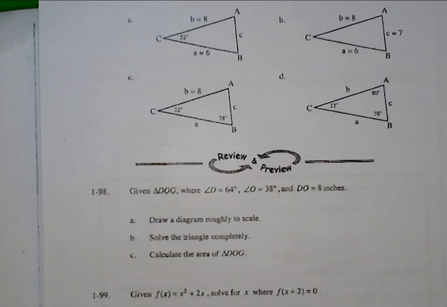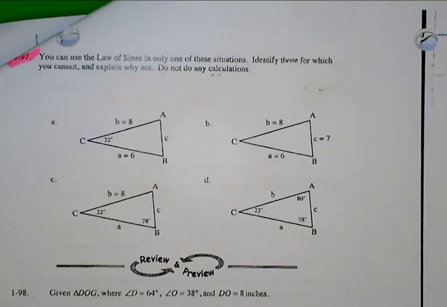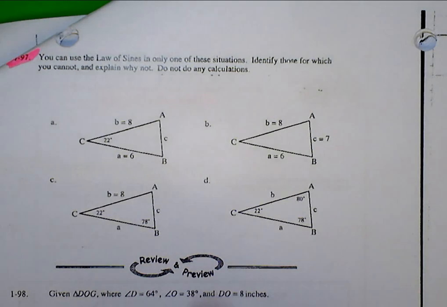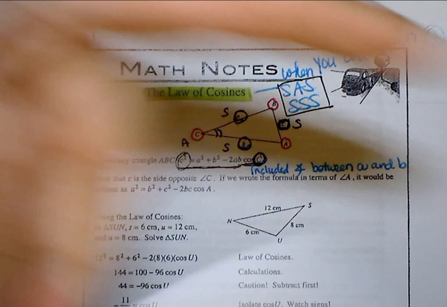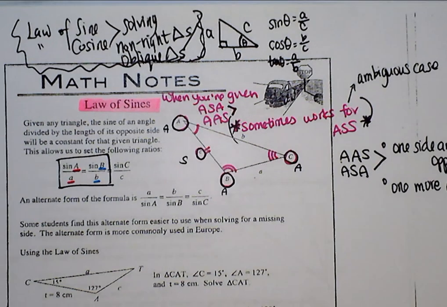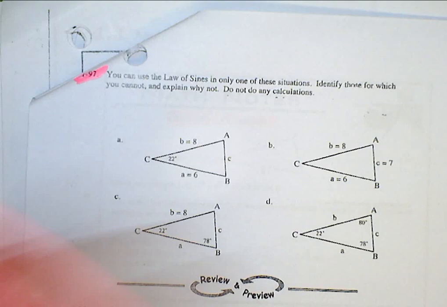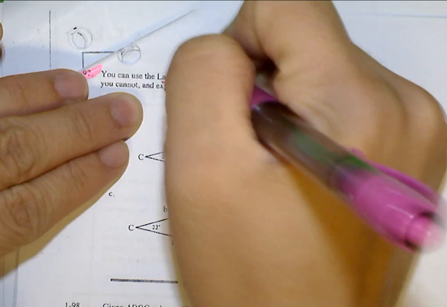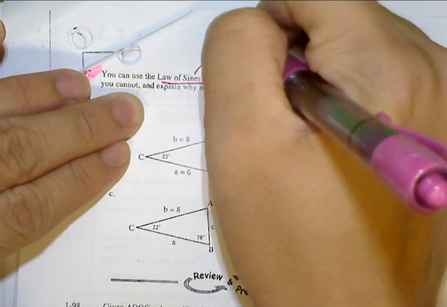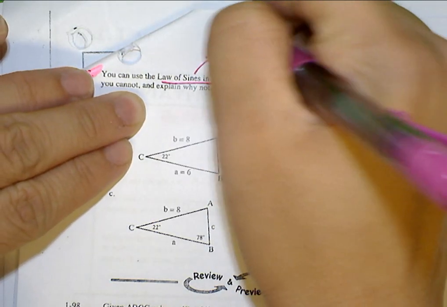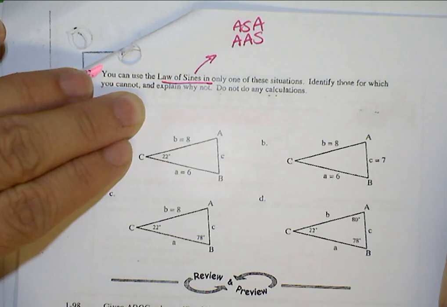This problem asks you which one we can use the law of sines on. Remember, the law of sines can only be used for ASA, AAS, and sometimes for ASS. Let's forget about the sometimes for now. We need to have two angles and a side, whether that side is in the middle or on the outside.